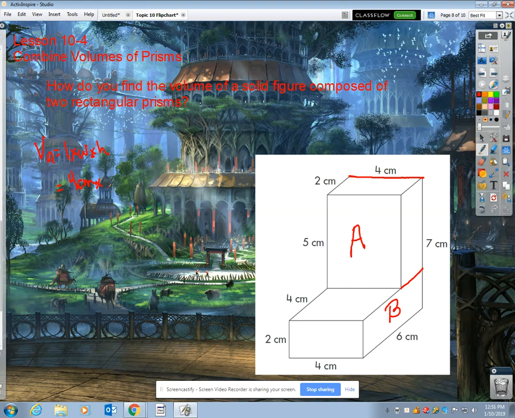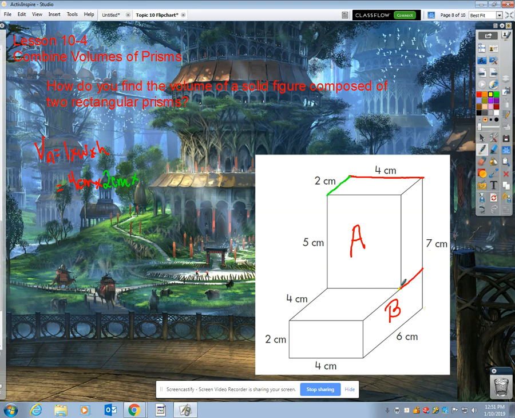And then I got to find my width. My width gives me that three-dimensional look. That's the line that goes into my page. So my width is 2 centimeters. So I'm going to do times 2 centimeters. And then I need to find the height of that object, which is how tall it is. Now if I chop this off here, I can't say that my height is 7 centimeters, because 7 centimeters is the distance from here all the way down to the bottom.